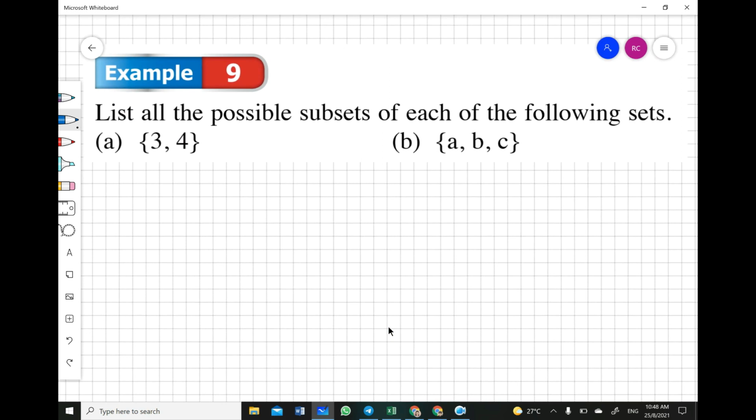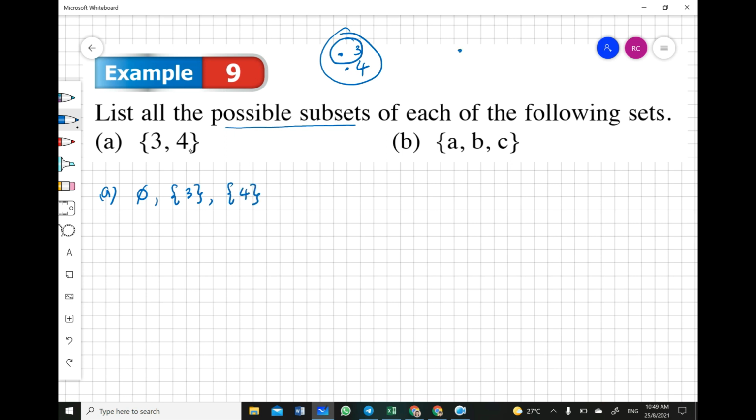List all the possible subsets of each of the following sets. So we need to list all the possible subsets. First, the empty set is a subset of {3, 4}. You have to imagine you now have a set that consists of these two elements, 3 and 4. Another subset that can be inside is the 3 itself. After that, the 4 itself.